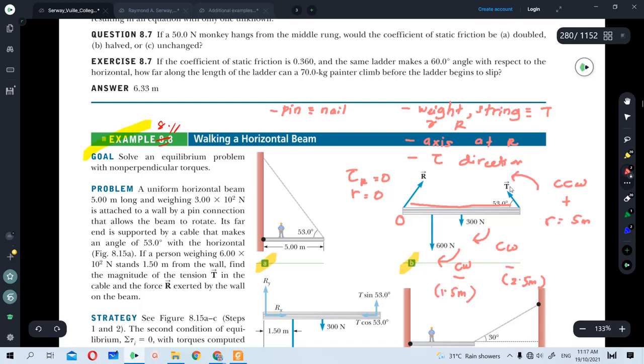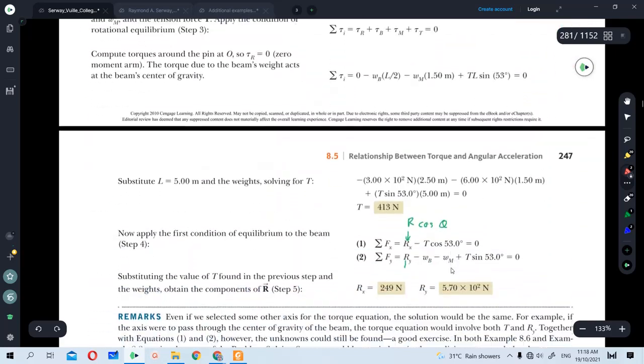Now, the angle 53 needs to be considered, whereas for 300 and 600 Newton, the angle is equivalent to 90 degrees with one another, so we might disregard the angle for the 90 degrees. Let's now look. We expect the torque by the tension would be minus with both torques from the weights.